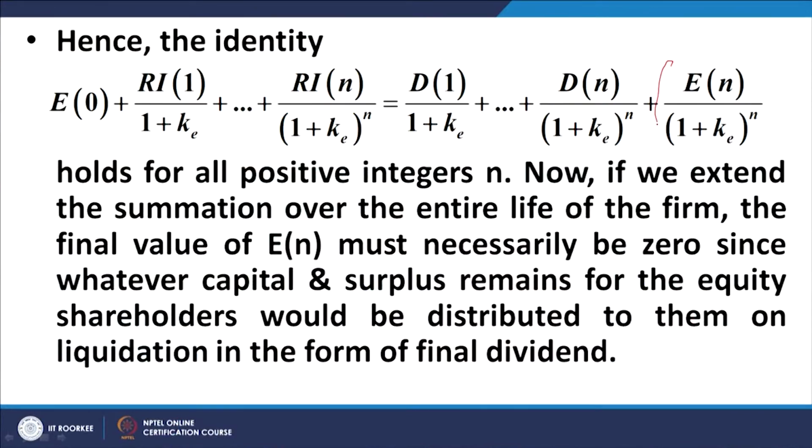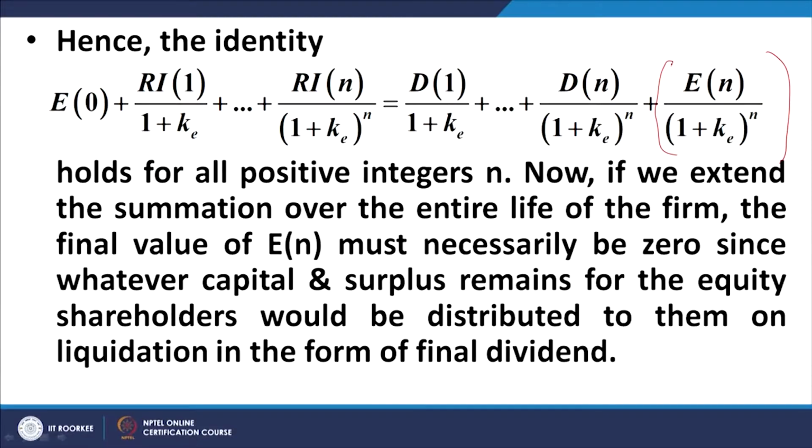Now, the problem here is we are having difficulty in arriving at the equivalence of the two relations of the dividend discount model and the residual income discount model, because of this extra term which I have put within a box here.